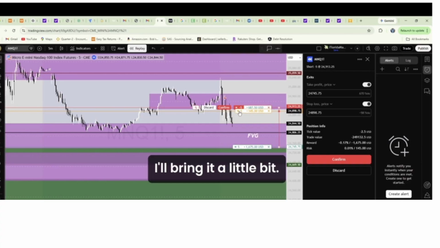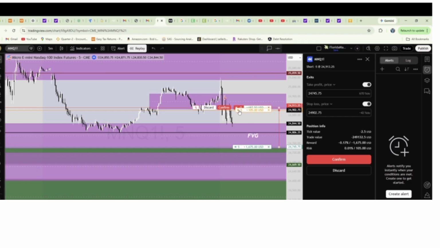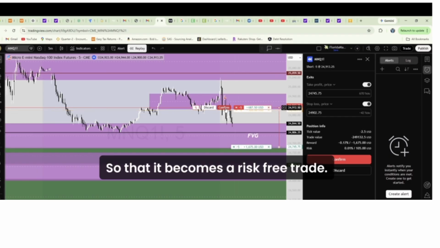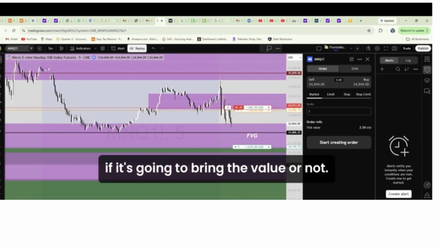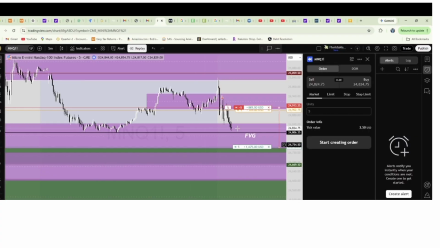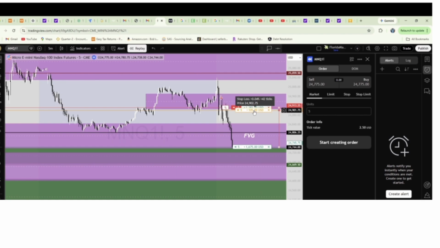I'll bring it a little bit so that it becomes a risk-free trade. Let's just watch if it's going to break the fair value gap or not.